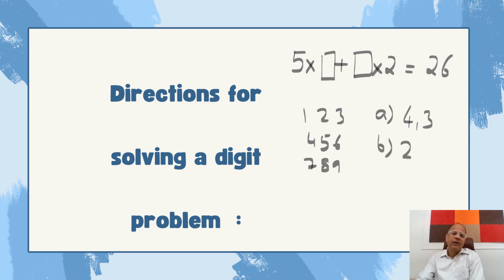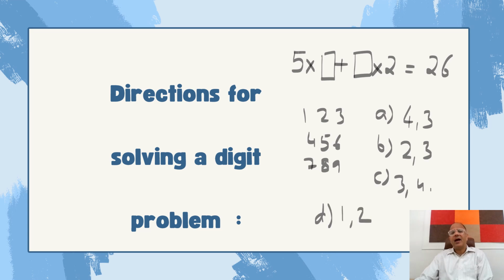Otherwise I can have various other options which will be given. So it's a fairly simple one where I need to figure out which digits are going to be there. When the trainer introduces digit challenge in the class, it seems very simple.